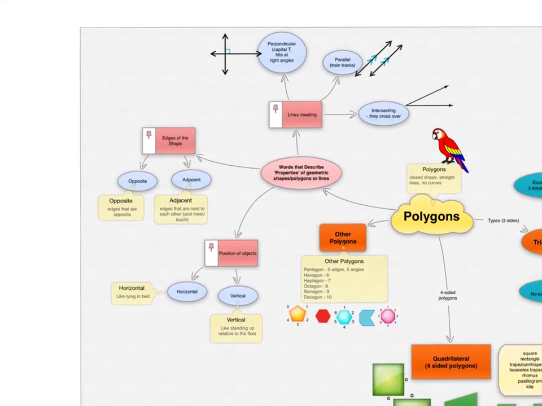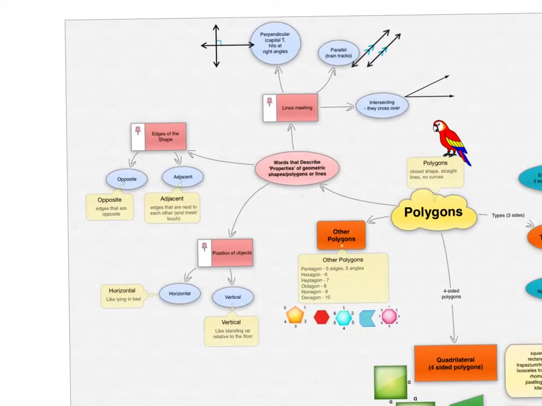Next, we have these ideas here. So the first one is how, let's do the lines meeting first. So how lines meet. So when you've got 2 lines, such as even 2 lines in a shape like that, the edges, sometimes edges don't meet when they're opposite. Let's look at opposite and adjacent first, okay?